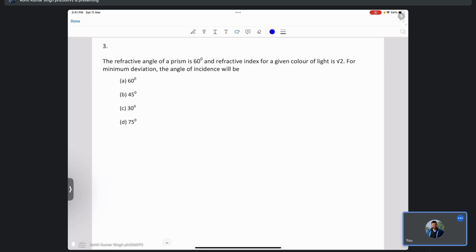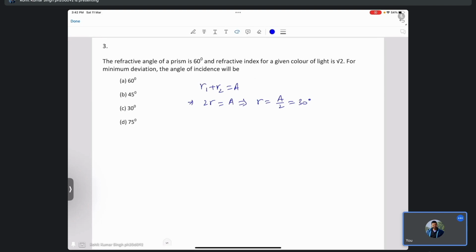Any idea? Yeah, thank you. So we have this formula R1 plus R2 equal to A, right? And for minimum deviation, this will be just 2R equal to A. So R equal to A by 2, which is 30 degree, right?